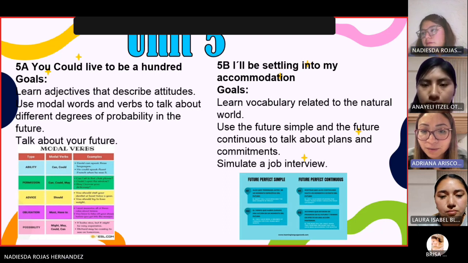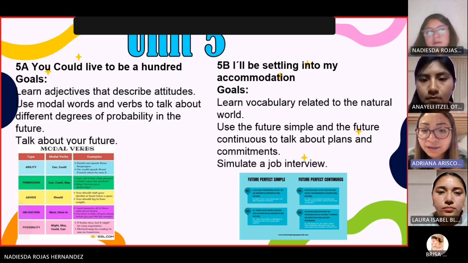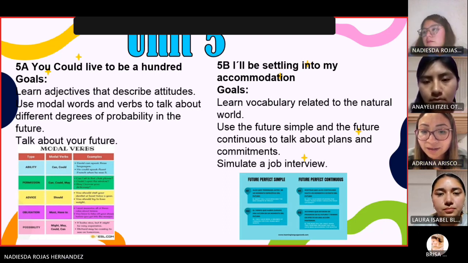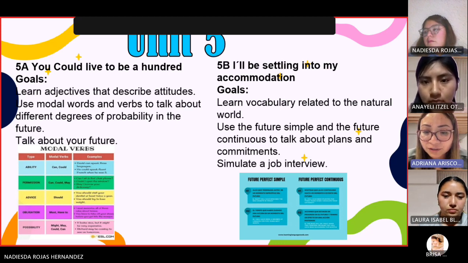Type, permission. Modal verbs: can, could, may. Can I sit in that chair, please? Could I open the window? May I borrow your dictionary?